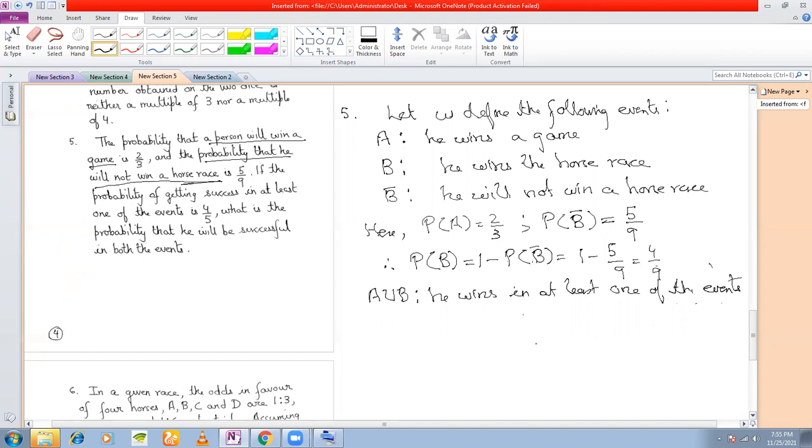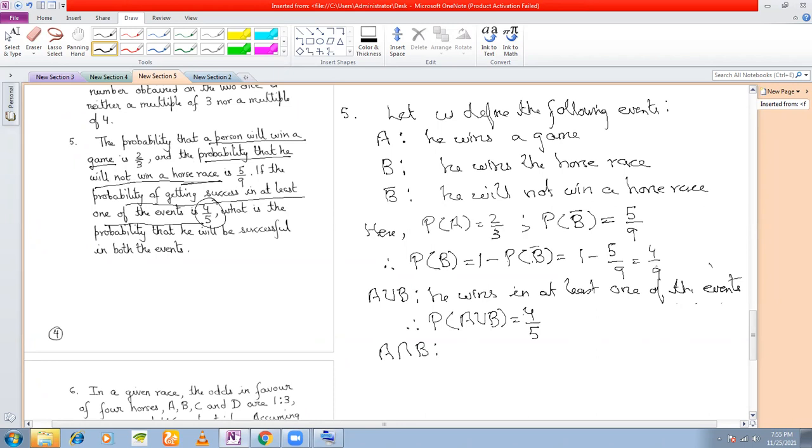Yes, sir. So therefore, what is P(A union B)? The probability that he wins in at least one of the games. How much is it given? 4 by 5. So P(A union B) is also given to you, 4 by 5. And what is the question? What is the probability that he will be successful in both the events? What is the event here?